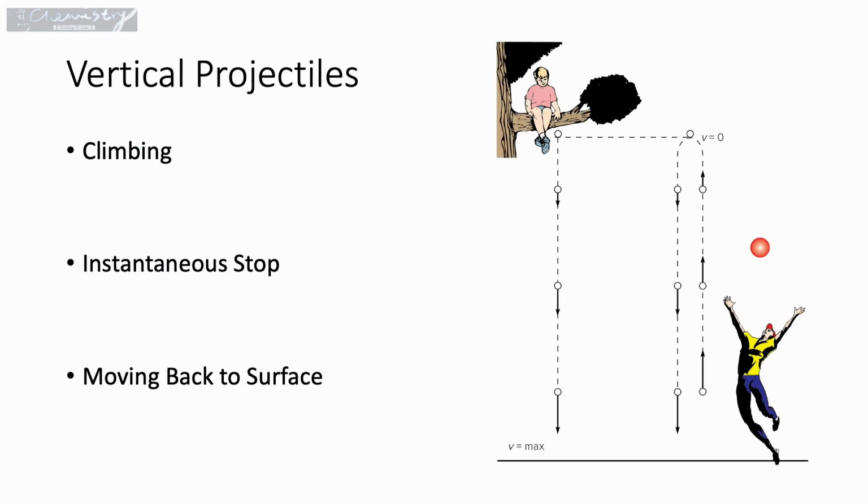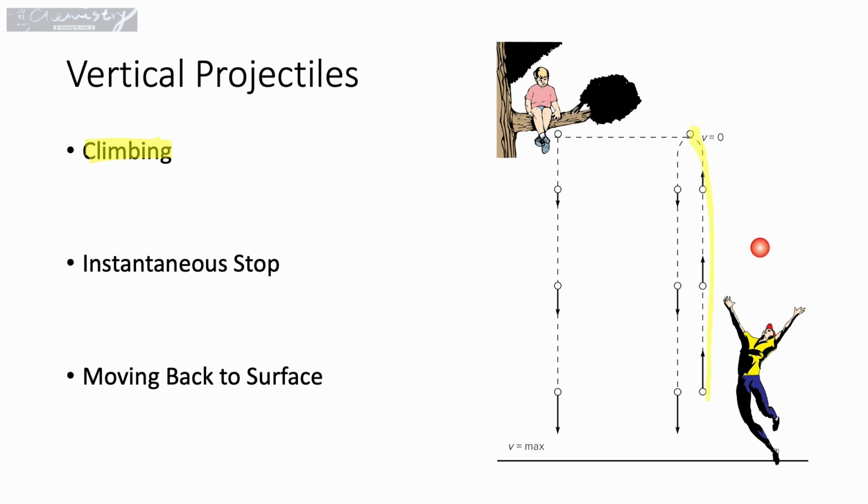So then let's look at the vertical projectile. For a vertical projectile, we can imagine that we are throwing a ball upwards and then it's going to come down, and this is free fall, dropping it from the top to the bottom. So the first stage of this is going to be climbing, when we first throw it upwards until the max point.